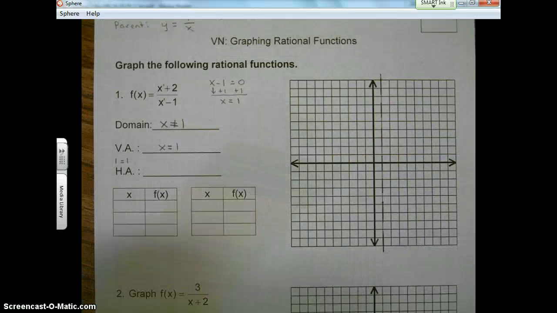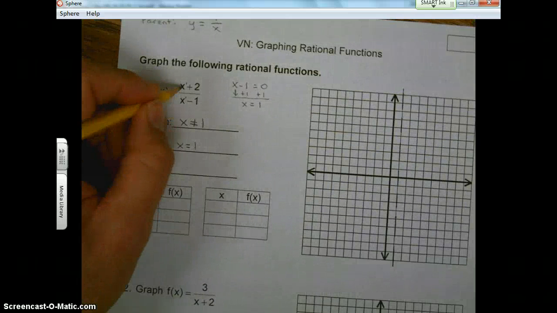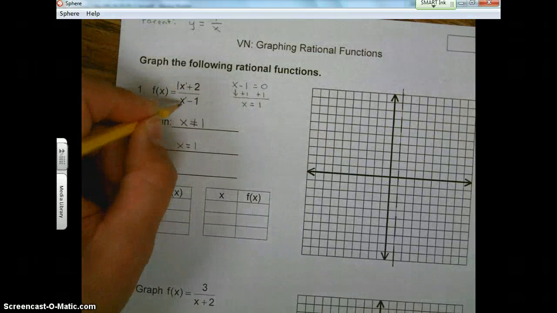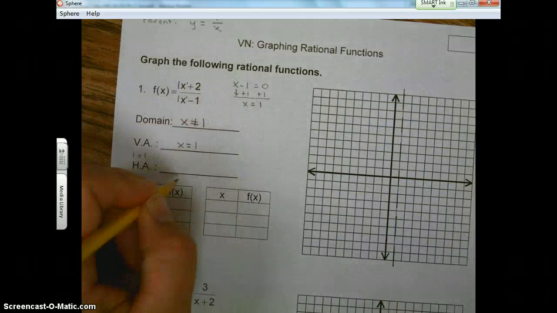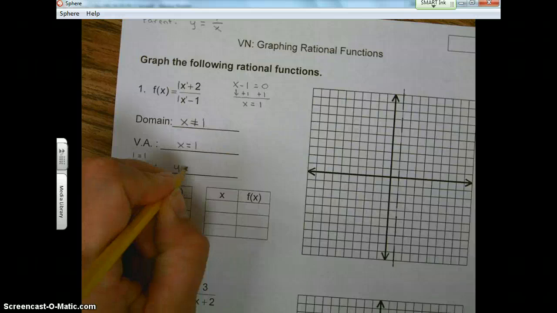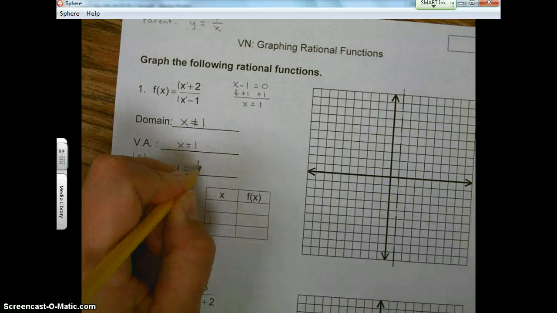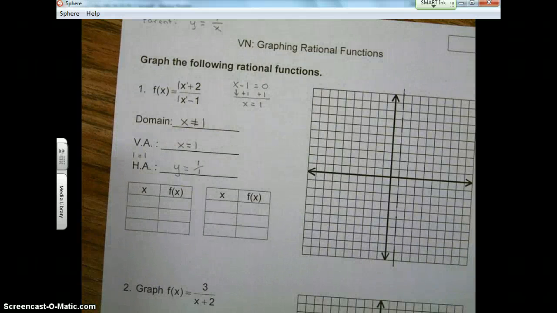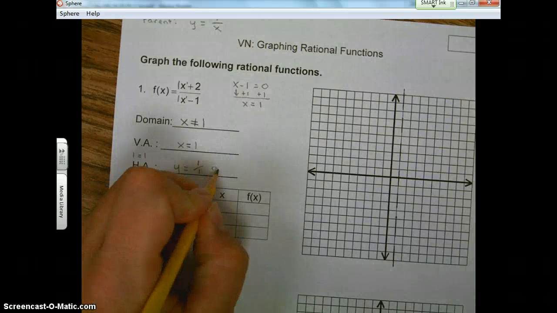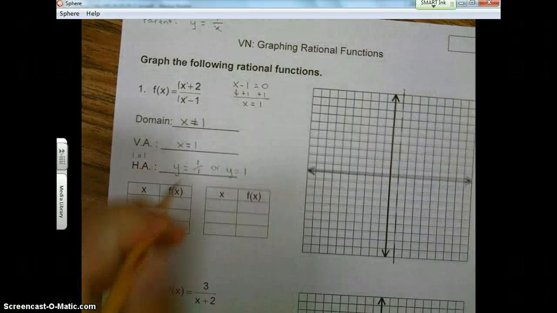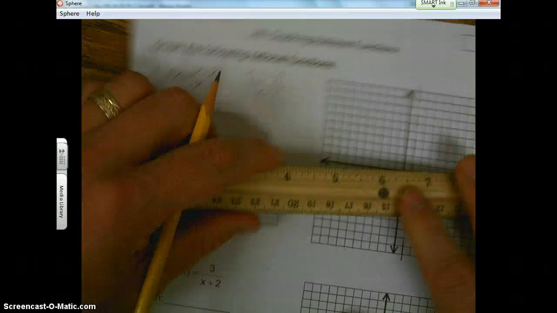So the coefficient on the x to the first is 1. The coefficient on the x to the first in the denominator is also 1. So it's going to be y equals 1 over 1, or y equals 1. So now we can draw that in at y equals 1.